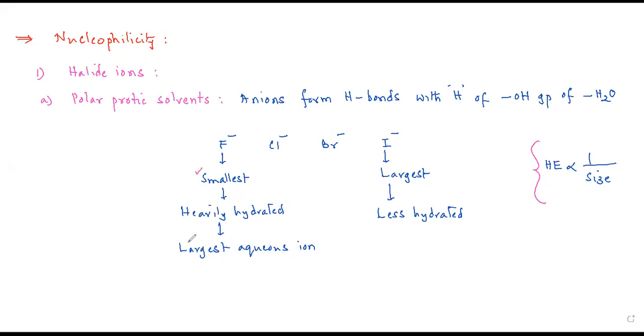Normally the smallest, but once it is taken in a polar protic solvent, it becomes the largest because it is heavily hydrated. Now, normally the largest iodide, since it is less heavily hydrated, it becomes the smallest aqueous ion.